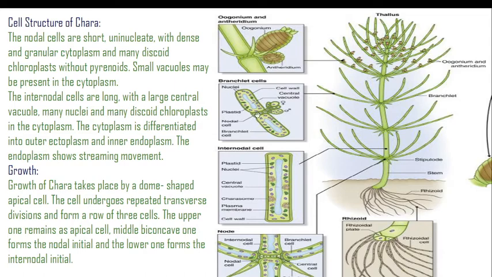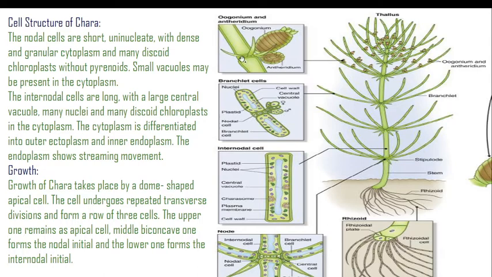And this is the cell division which happens in the internodal cell. So these are the nuclei, these are the plastids, this one is the nodal cell, and here is the development of branchlets.